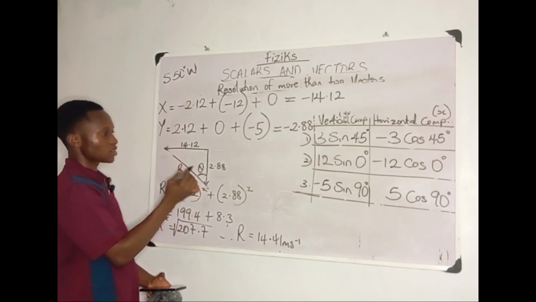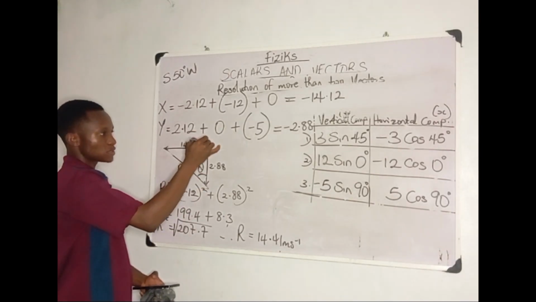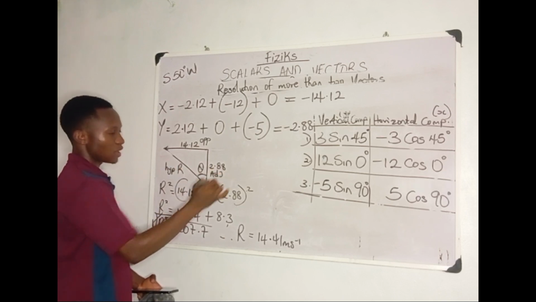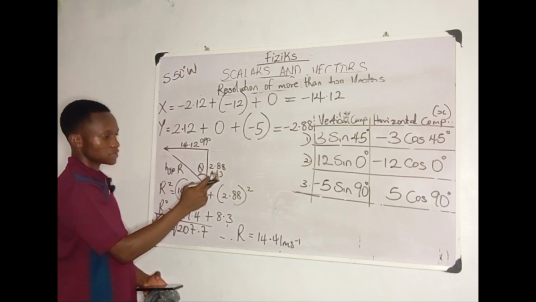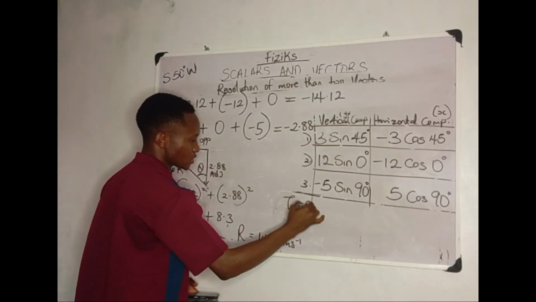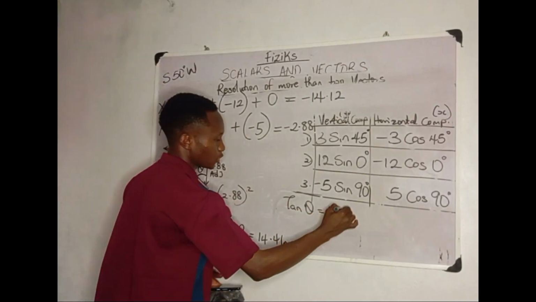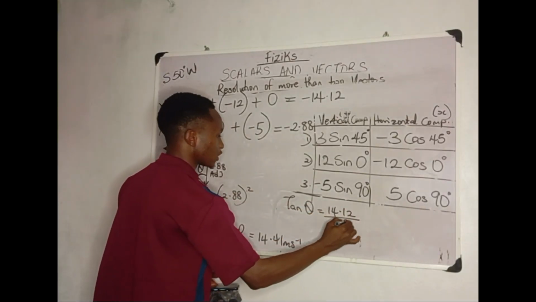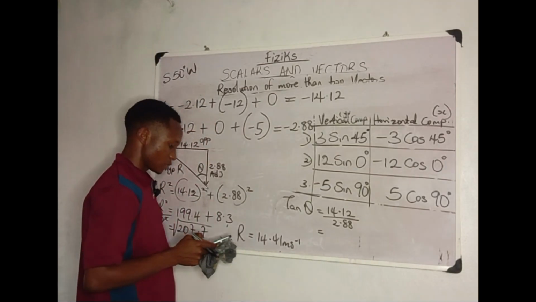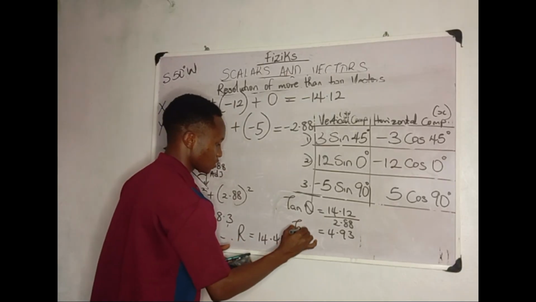So now looking at this, I'll be having opposite over adjacent. Here is my hypotenuse, and here is my adjacent, and this will be my opposite. I'll be using tan theta to find the direction. So tan theta is going to be 14.12 over 2.88. When you press that, that should be giving you 4.93 as your tan theta.